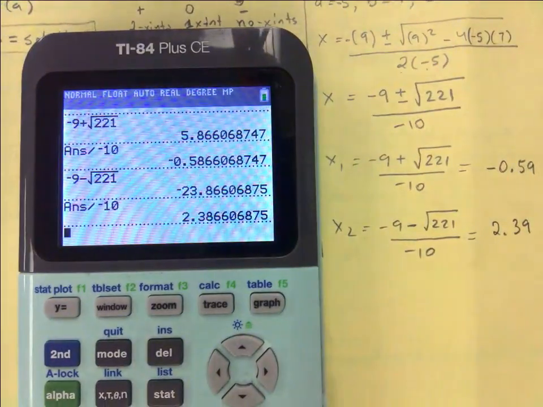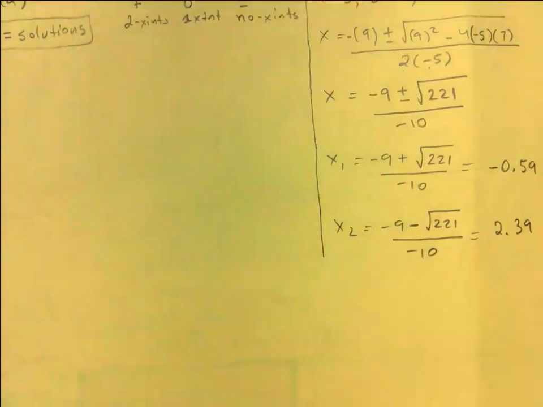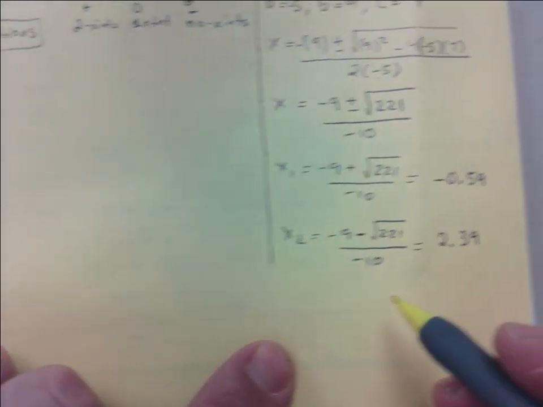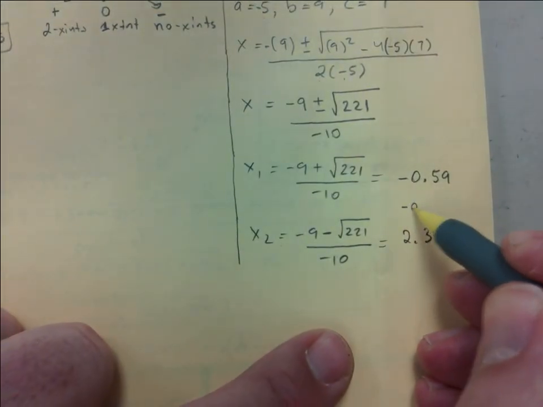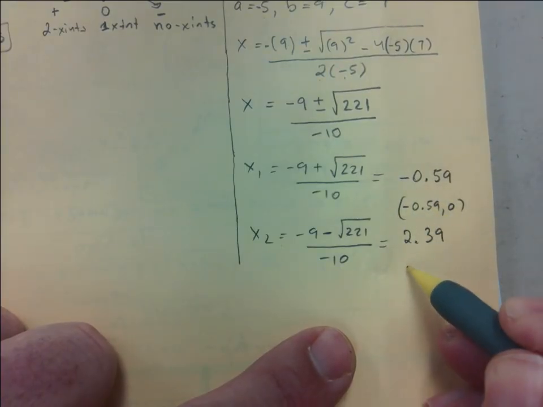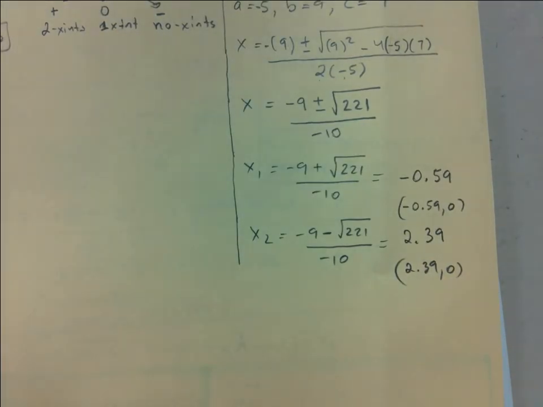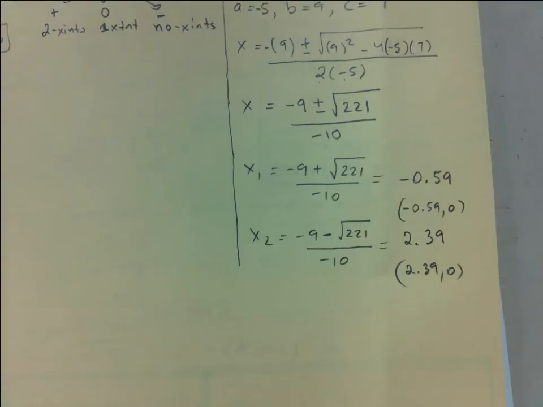So you just found both x-intercepts using the quadratic formula. Technically this is negative 0.590, that's the coordinates of the first one, and 2.390 is the coordinate of the second x-intercept.